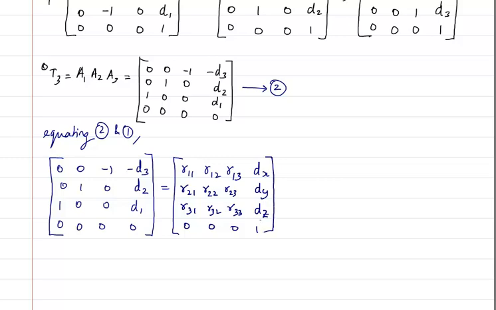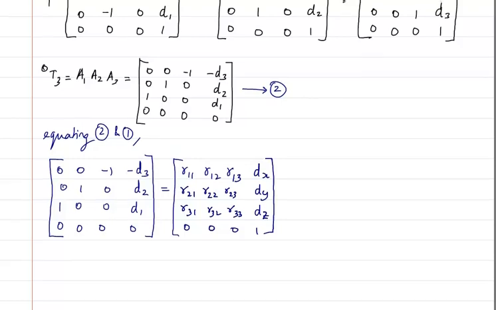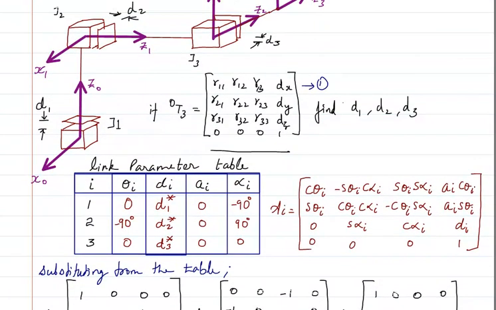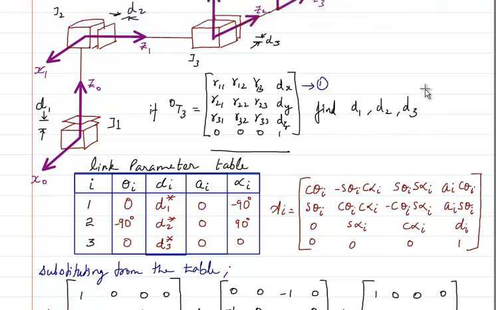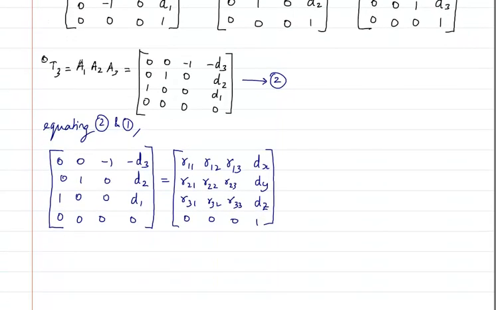Okay, and what is it that we want to find? We basically want to find what is d1, d2, d3, isn't it? Now from this equation we can get it, because now we have equated both of them.